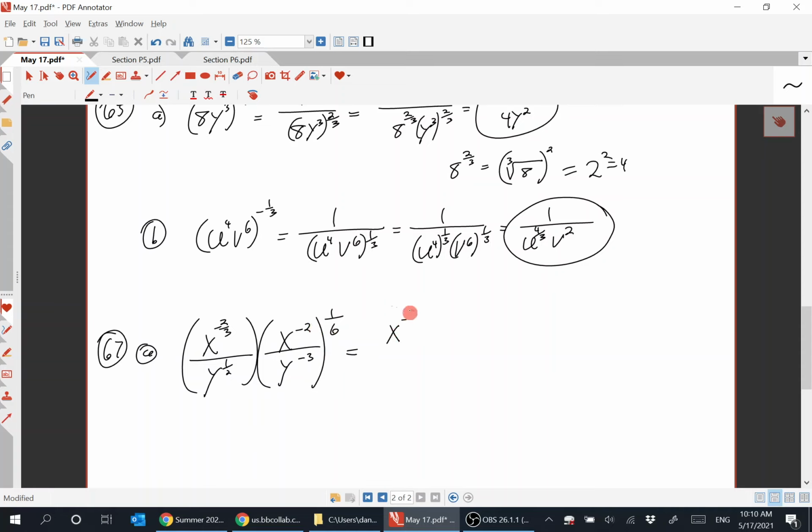So that becomes x to the minus 2/3 over y to the 1/2, and then x to the minus 2 to the 1/6 over y to the minus 3 to the 1/6. In these nested exponential expressions, you multiply the exponents.